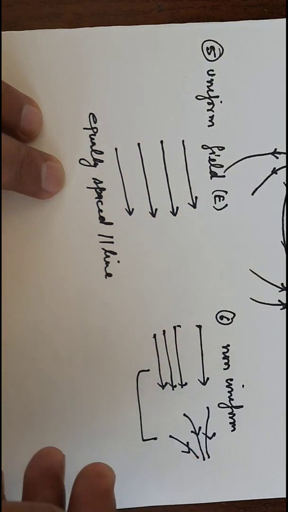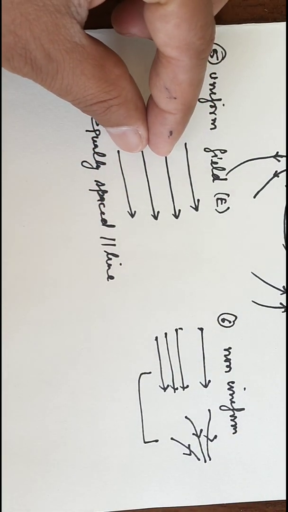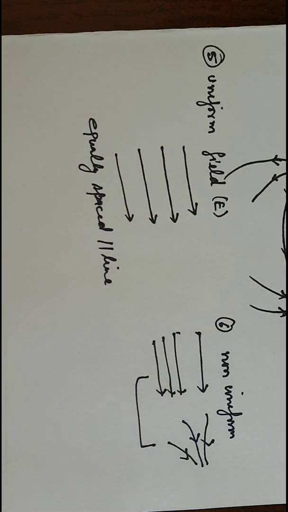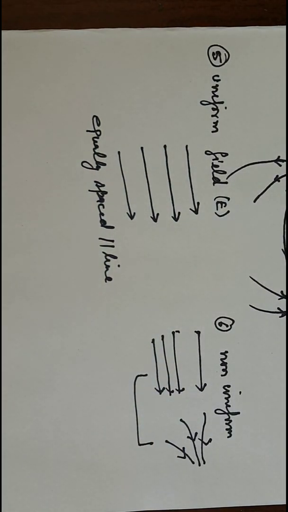So when we have parallel lines that are equally spaced, it represents the uniform field, and if they are not equally spaced or not parallel, then it represents the non-uniform field. Now let us discuss some of the properties of electric field lines.